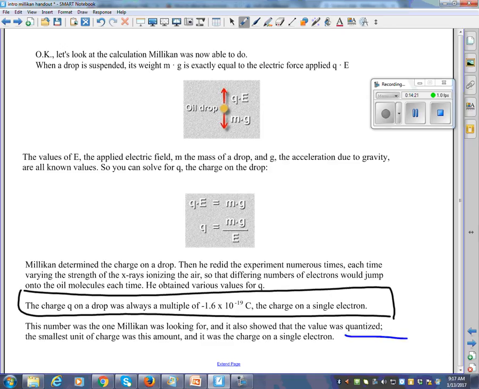Quantized. Anyone Google that up? What does quantized mean? It means it's indivisible. You can't break it down anymore. When you buy eggs at Co-op, what do they come in? Packages of? I think you can buy 6s. Maybe not at Co-op, but someplace.